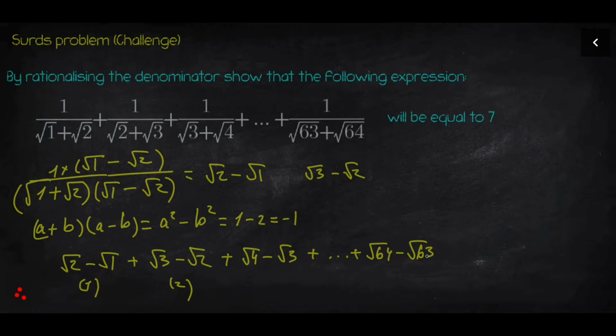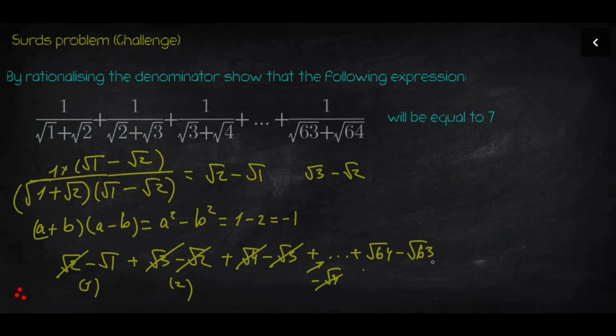And let's see what we can do with that, because we have a certain number of terms here, right? But as you noticed, we have some terms that will be cancelled. For example, let's have a look here. Square root of 2 will be cancelled with minus square root of 2. Square root of 3 will be cancelled with minus square root of 3, okay? And square root of 4 here will be cancelled with minus square root of 4, and so on, okay?